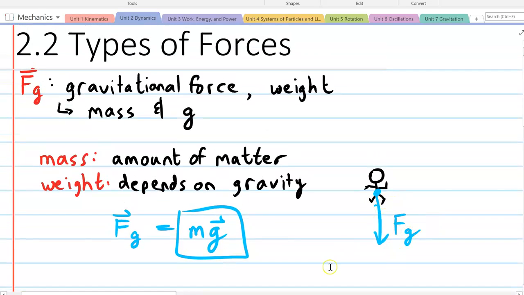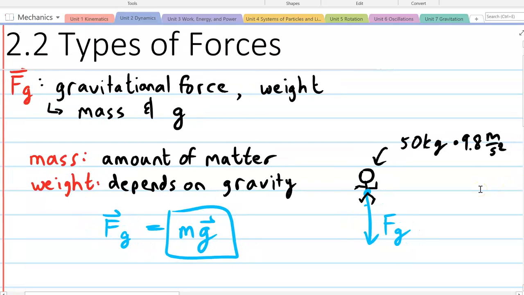So it depends on two things. Whatever mass it is. Let's say I don't know how much, let's say 50 kilograms. I don't know how much that is in pounds. And on Earth g is 9.81. We simply multiply these two, and we get the weight of the person. On the moon, or on a different body in the universe, let's say the acceleration is 2 meters per second squared.